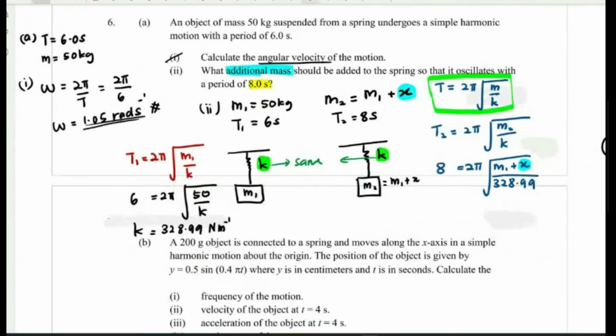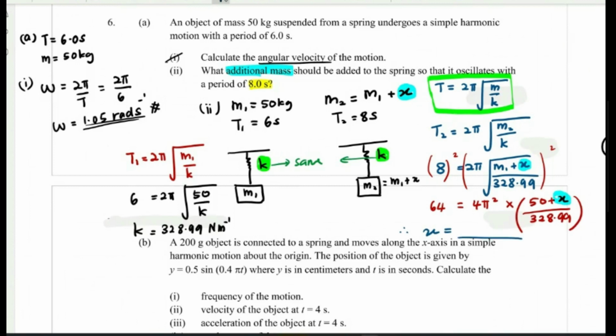Cuba selesaikan. Ini you boleh squarekan semua untuk hilangkan square root tu. So dia akan jadi 64 equal to 4 pi squared times M1 plus X. M1 tu boleh gantikan lah. M1 tadi 50 kg over 328.99. So boleh cari X. Dapat tak? Cuba kira berapa you dapat X. Therefore, X is equal to berapa? Berapa dapat X? Dapat 38.89.